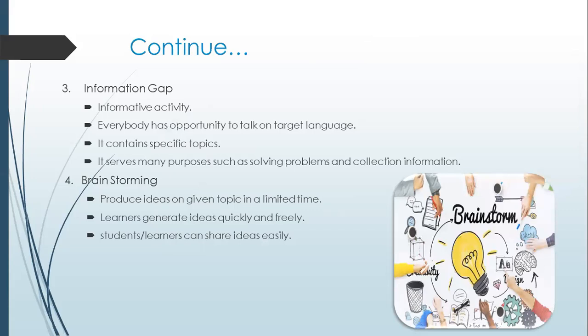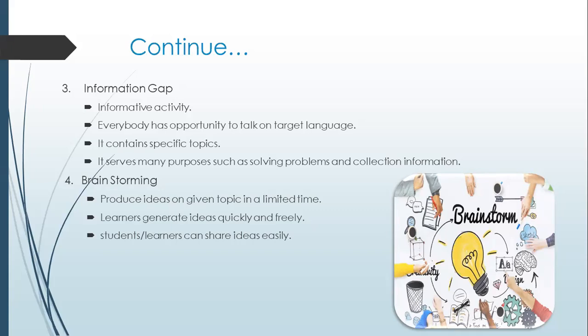Next one is information gap, in which every student is conveying and sharing their information. Second point is everybody has the opportunity to use the target language, which means every student has a clear opportunity to talk and share their ideas and points of view. It contains a specific topic, and on one topic all students have to give information and ideas.